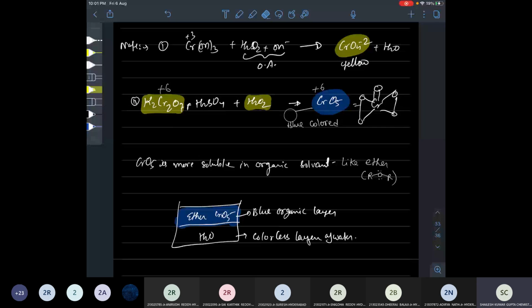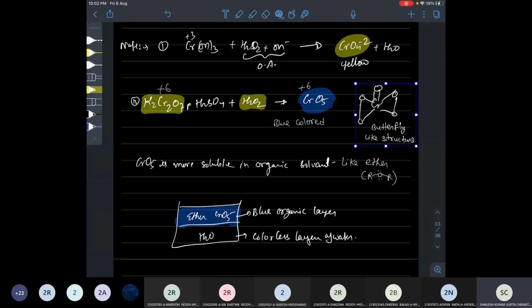CrO5 is not very stable. Blue colored. Structure I have shown you over here. Butterfly-like structure. You can see that it is not a redox reaction, right?